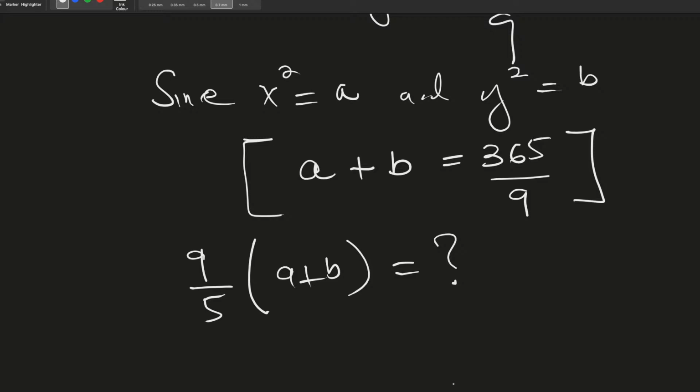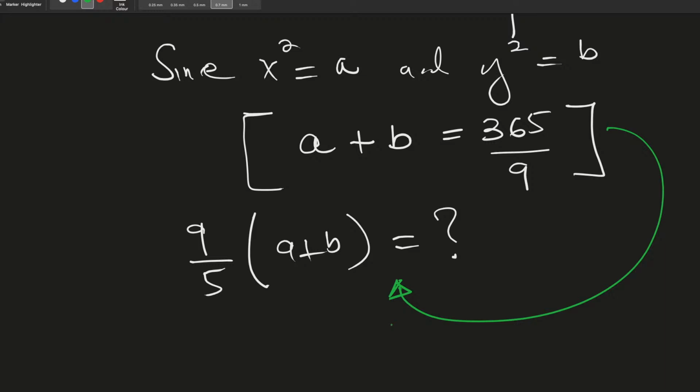So now that we know A plus B to be 365 divided by 9, all we have to do is substitution. So we substitute this into that. And here we go. So let's do the substitution. When we substitute that, we are going to get 9 over 5 multiplying 365 divided by 9.